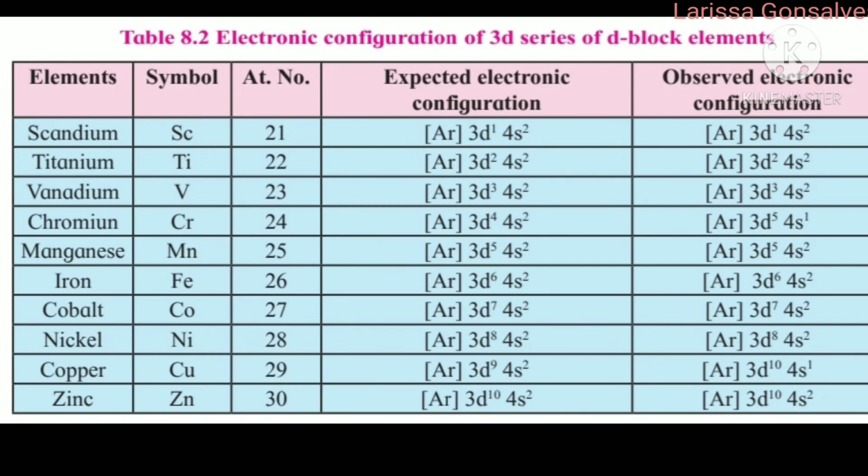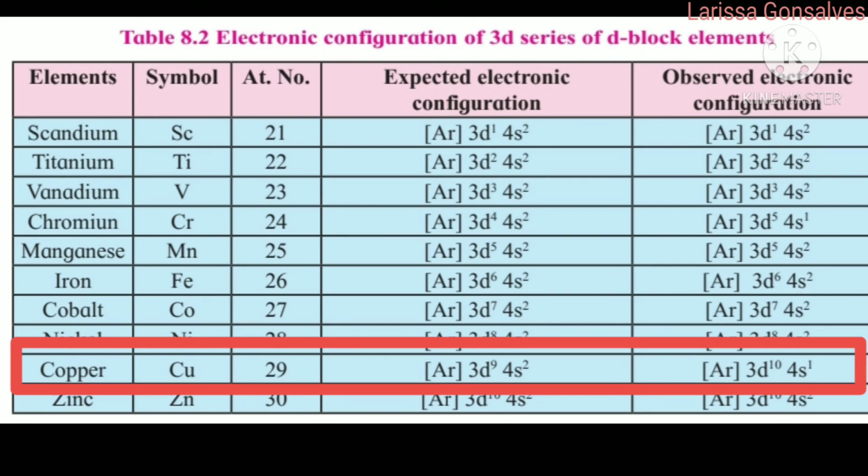If we take the example of the element copper, copper has the atomic number 29. The expected electronic configuration which we get is 3d9 4s2. But in order to make it stable, we transfer one electron from the s orbital to the d, and hence the observed electronic configuration becomes 3d10 4s1.